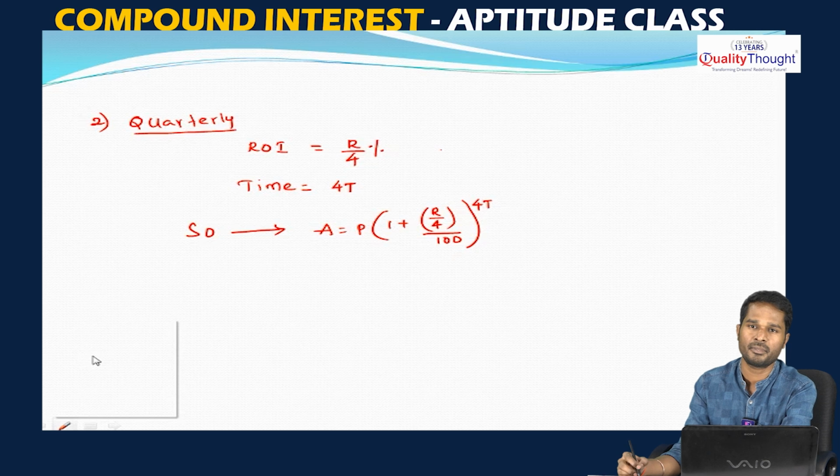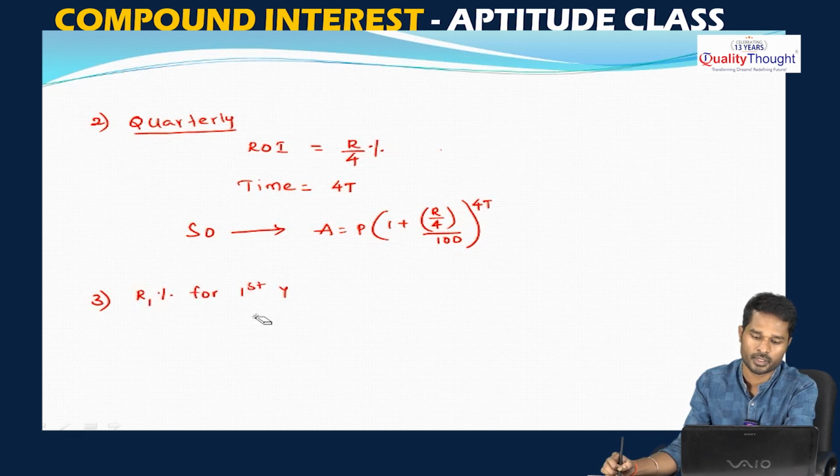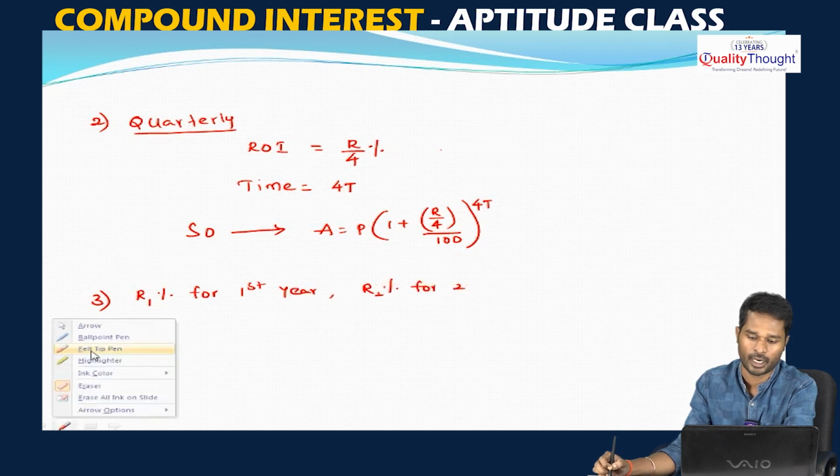The third case: on the same sum, if the rate of interest is calculated differently for different years. For example, R1 percent for the first year, R2 percent for the second year, and so on.